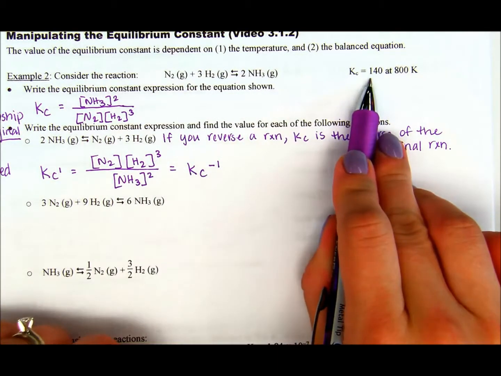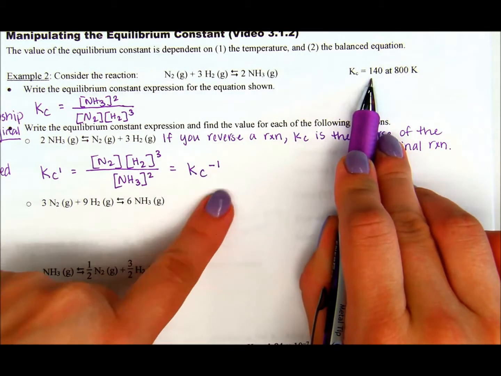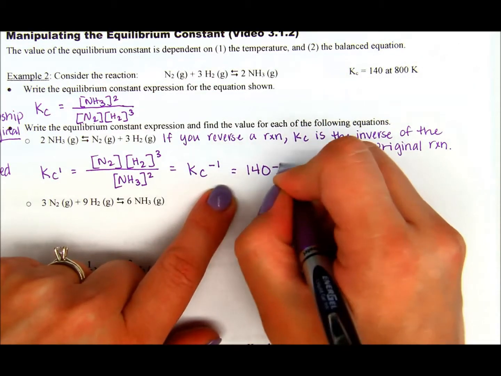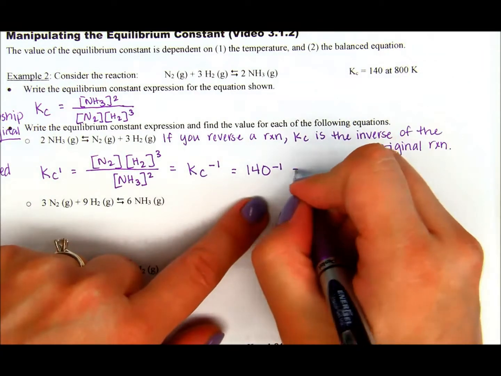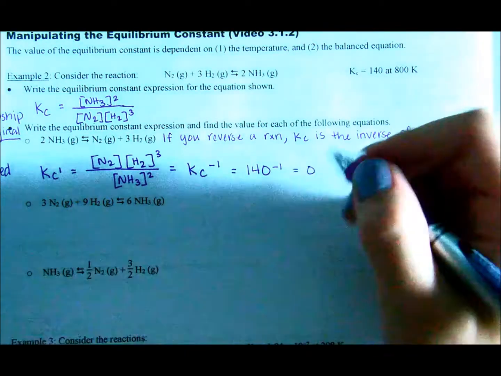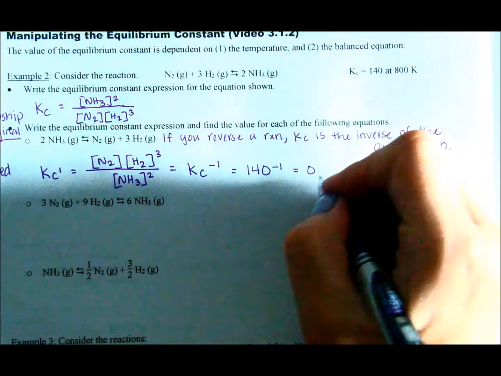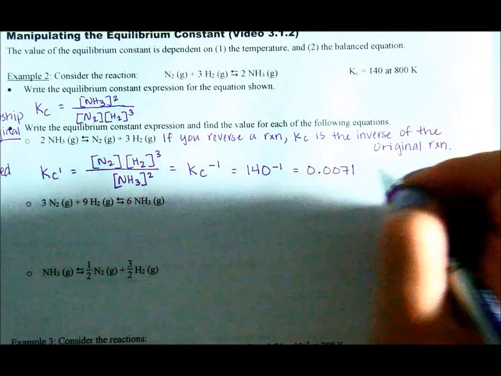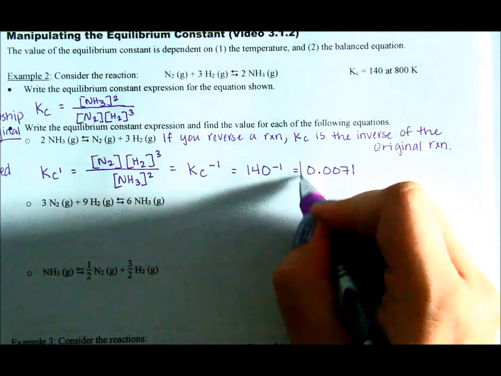Our Kc was equal to 140, so we would make that 140 to the negative 1. Plug that into your calculator, and you get 0.0071 as your new Kc prime.